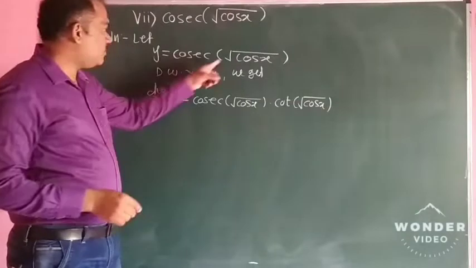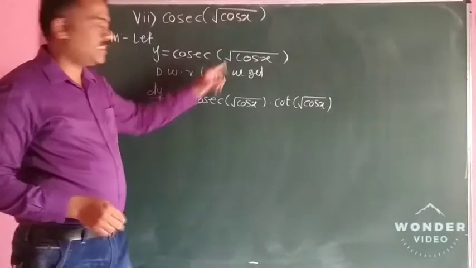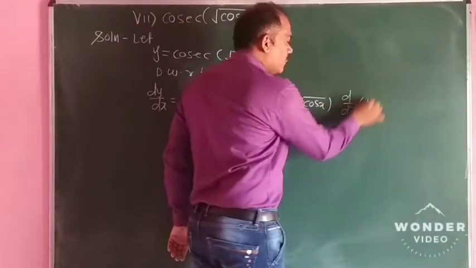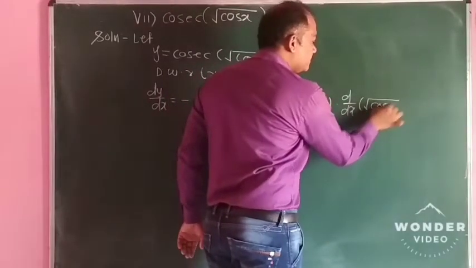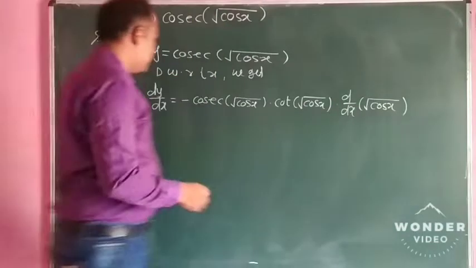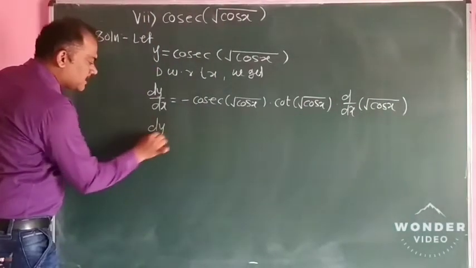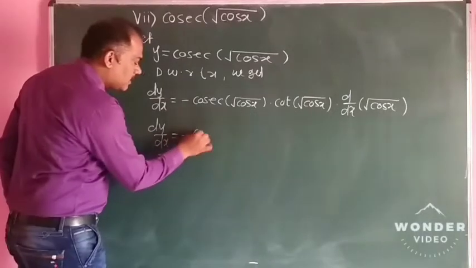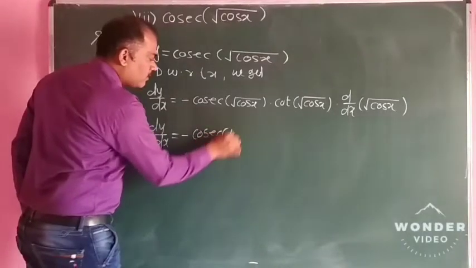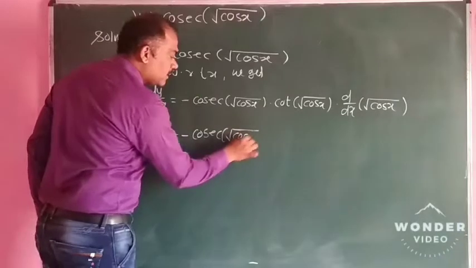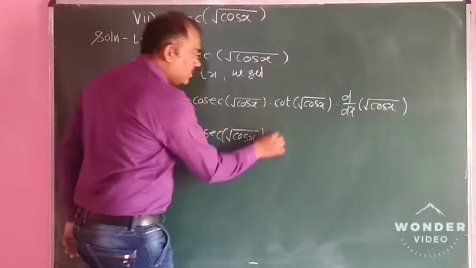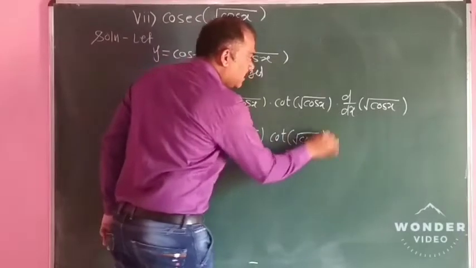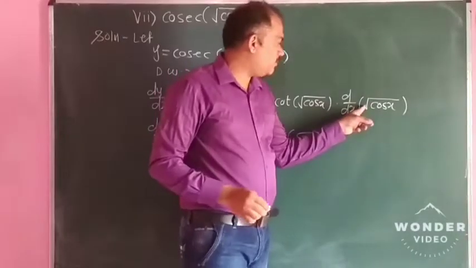Now we have to take the derivative of this root of cos x, into d dx of root of cos x. That is dy by dx is equal to minus cosec of root of cos x into cot of root of cos x into the derivative of this root.